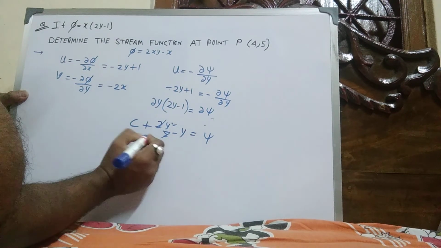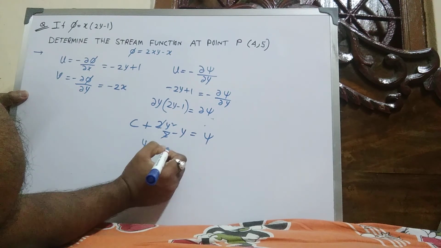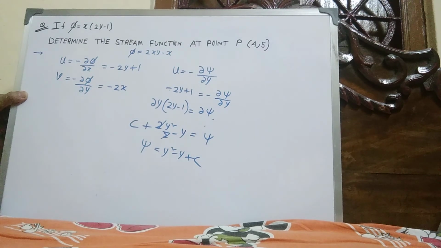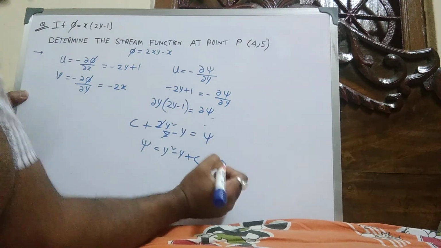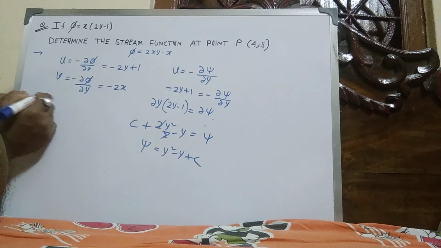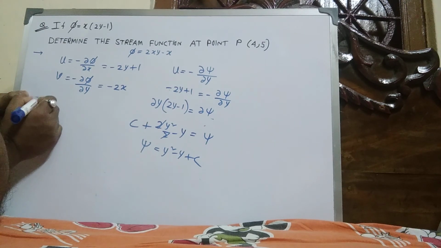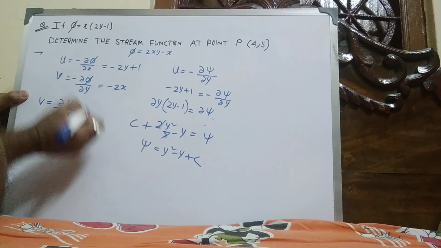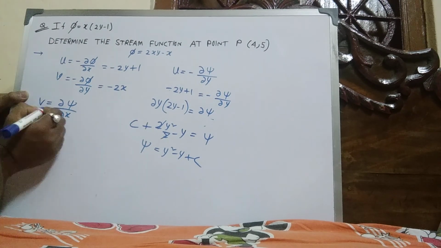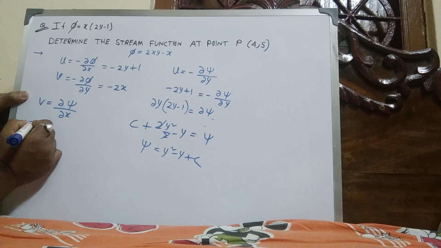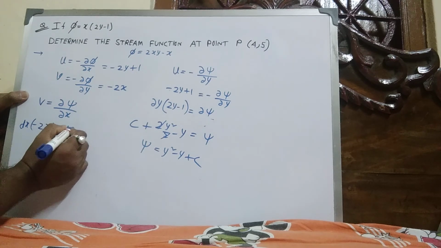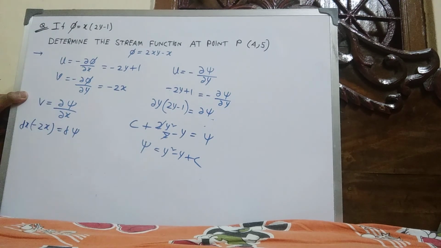The 2 cancels out, so psi equals y square minus y plus c. This is the equation, and here v equals minus d psi by dx. So the v value is minus 2x, partially.